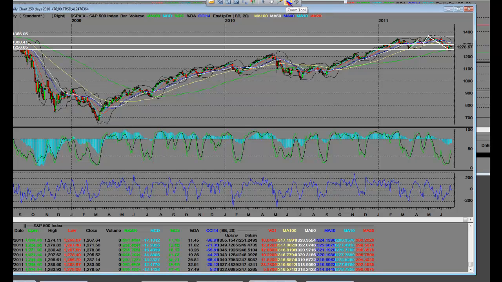S&P daily chart, and the reason why we're going to use the daily chart is we're going to take a look at this green line here. Back in 2009, off of the bottoms, when that green line, which is referred to as a 200-day simple moving average, had flattened out, it's a very long-term bullish rising 200-day simple moving average.